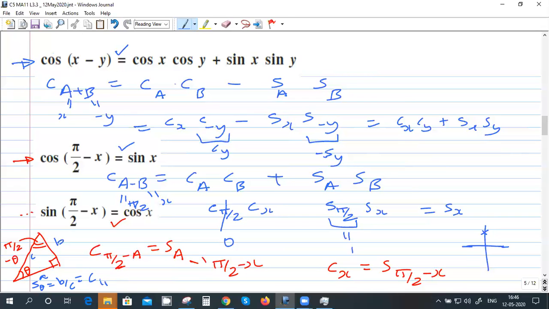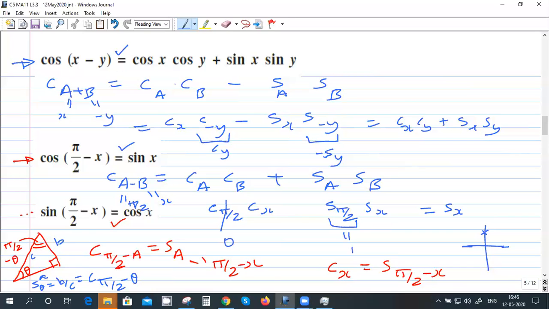Cos of an angle is adjacent side by hypotenuse. For pi by 2 minus theta, the adjacent side is B. So it is B by C. Hypotenuse is not going to change. It's always C. And for angle theta, B is the opposite side. So sine theta is B by C, and cos of pi by 2 minus theta is again B by C. So that's why sine of theta and cos of pi by 2 minus theta are the same.